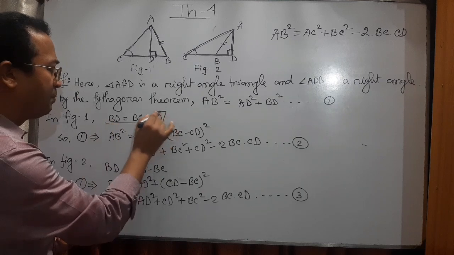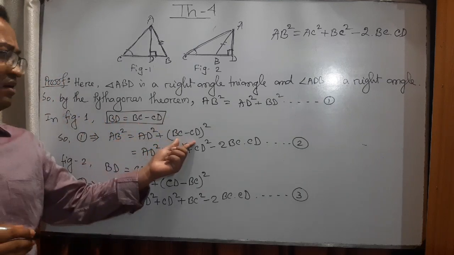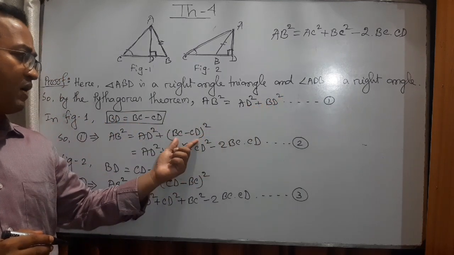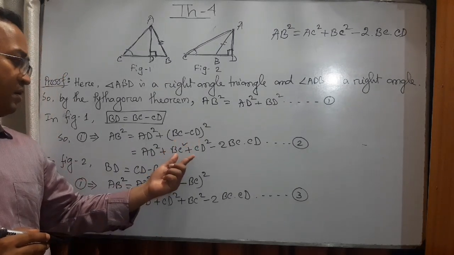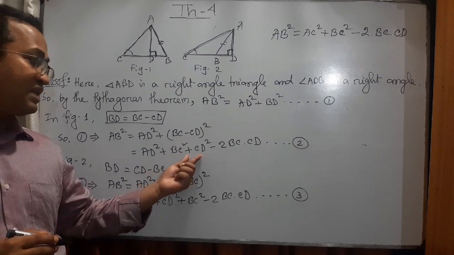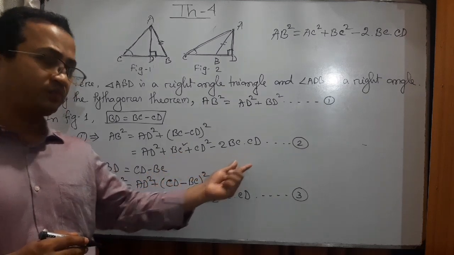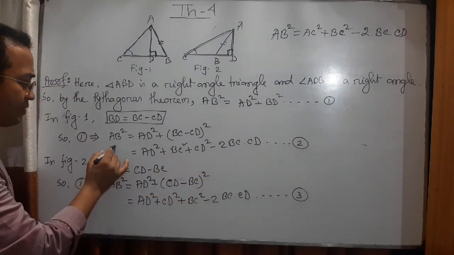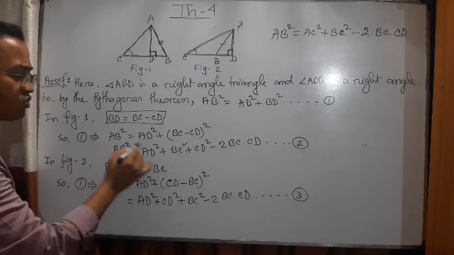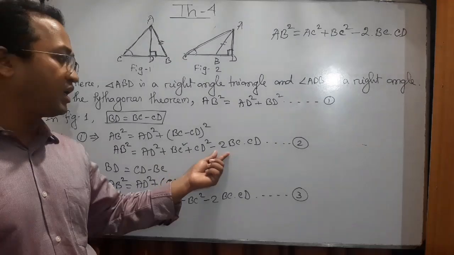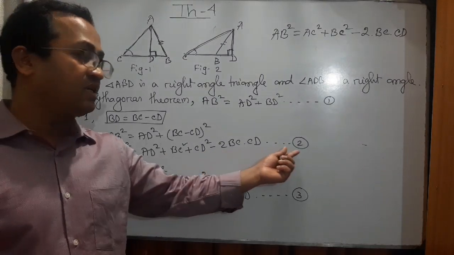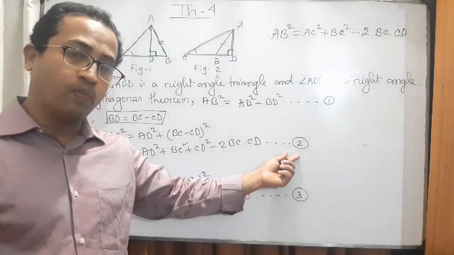Now apply the formula of A minus B whole square: A square plus B square minus 2AB. So AB square equal to AD square plus BC square plus CD square minus 2BC into CD. This is equation number 2.